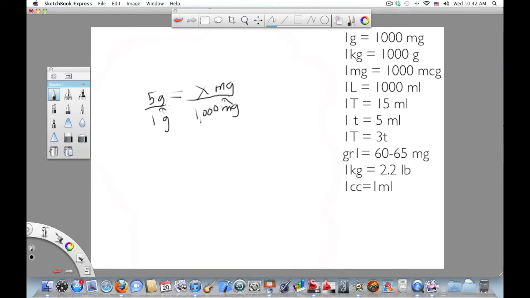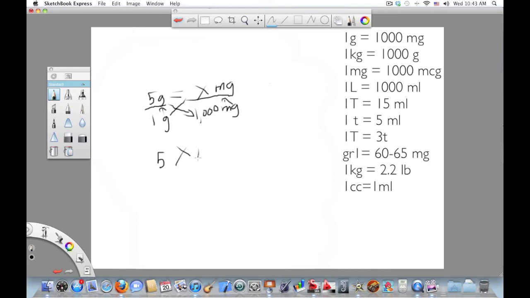Now, as you clearly see, it's directly across. The 1,000 is directly across from the 5 grams, and the X is across from the 1 gram. As you can see, it looks like a multiplication sign. This is where you know to multiply.